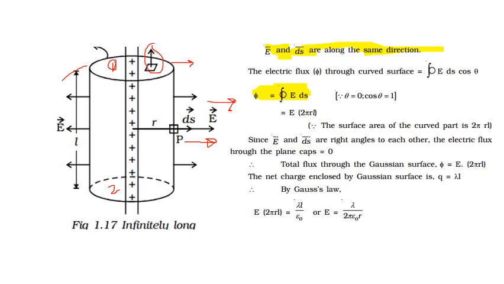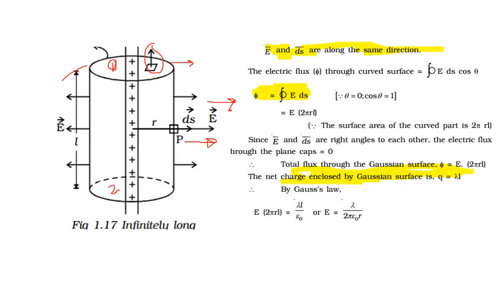So the net charge enclosed can be calculated as we have shown that the charge density is lambda per unit length, and if we know the total length, that is L, then the charge on the Gaussian surface is lambda L. So now we have Q equal to lambda L, and we also have the phi value.